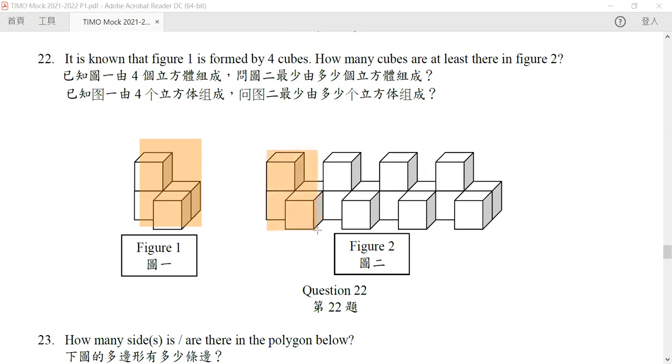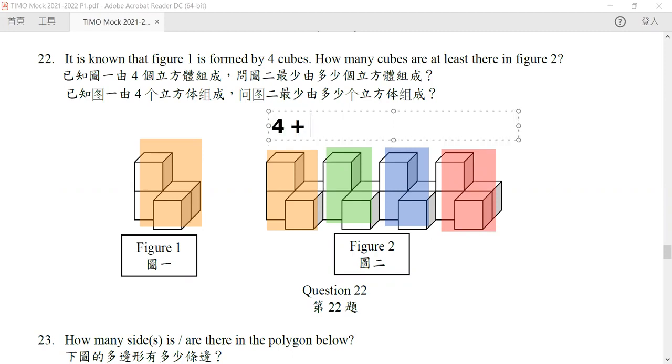So we can see that there is one set of it in here. There is another set of it in here. There is another set of it on the side of it, and there is another set of it on the side of our blue, right? So in total, it will be 4 plus 4, right?